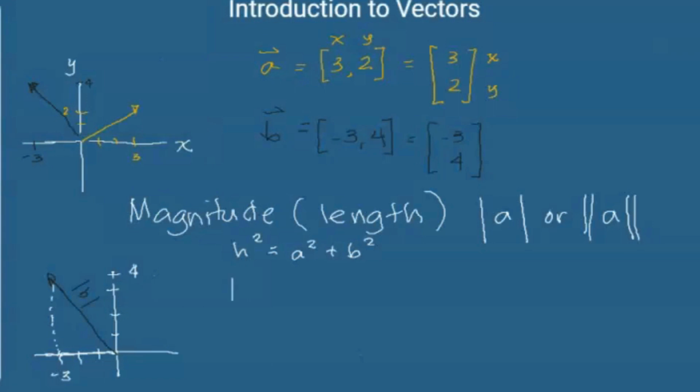The length of B squared is equal to negative 3 squared plus 4 squared.